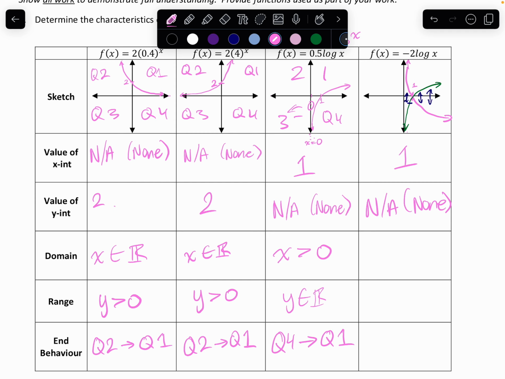Domain, okay, well, it's the same domain, right? Because there's nothing in this side of the graph for either of them, which means it's just going to be x is greater than 0, and again, same range, because even though it's going in the opposite direction, it's still encompassing that same distance, right? It's just flipping it on opposite sides.